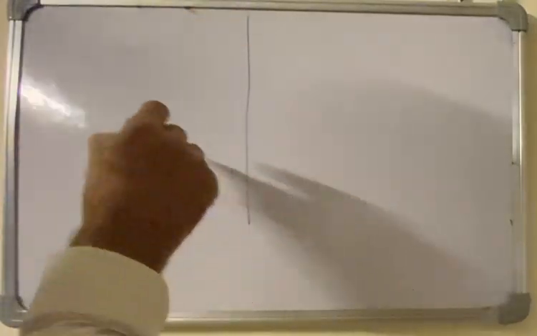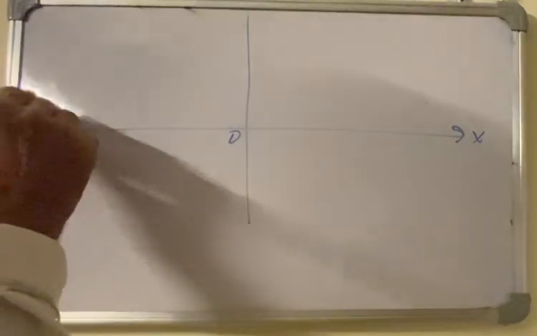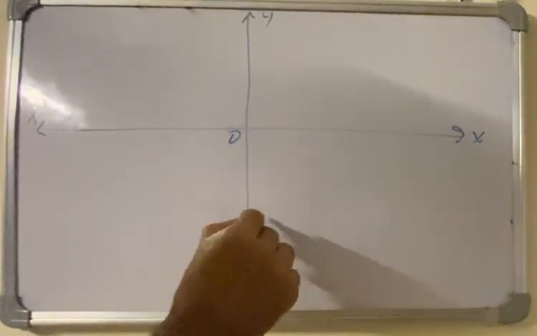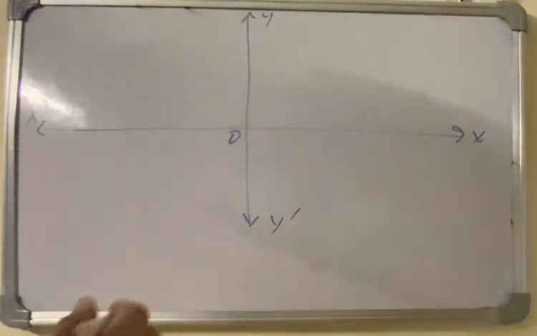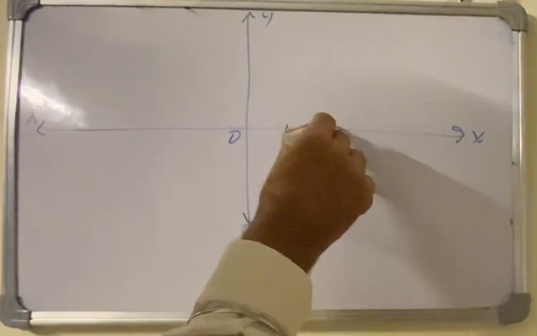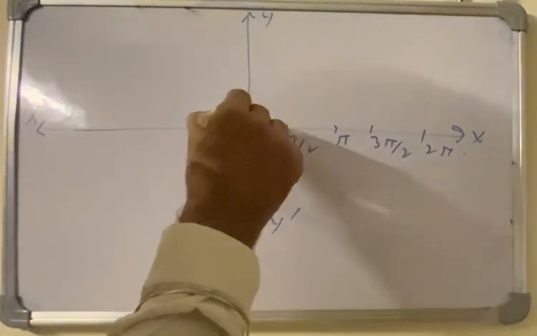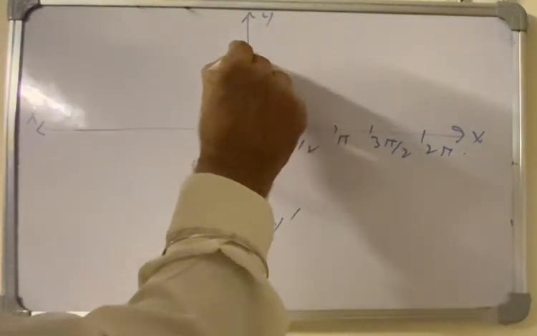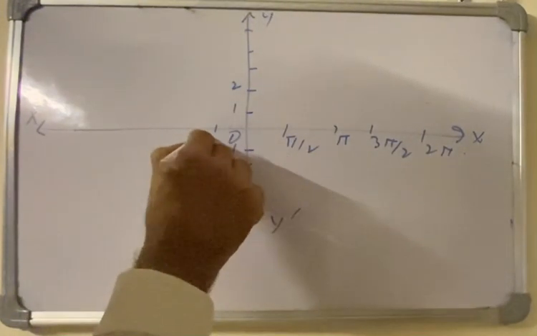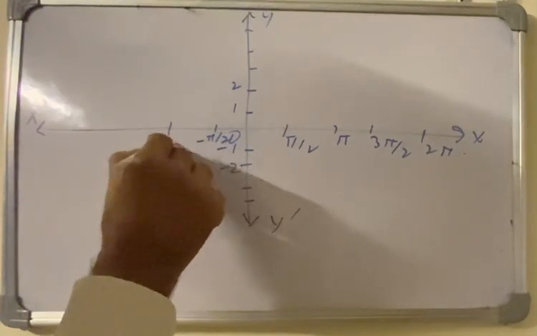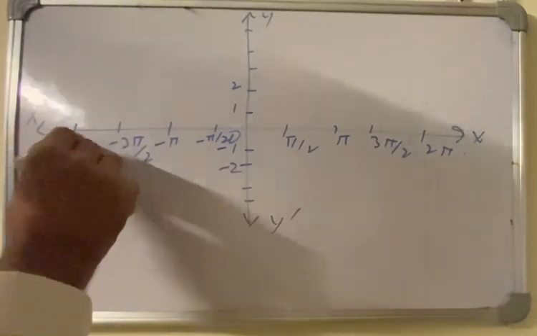in the same way. We have two mutually perpendicular lines, x O x dash and y O y dash, rectangular axes intersecting at origin O. Again there is pi by 2, pi, 3 pi by 2, 2 pi, 1, 2, minus 1, minus 2, and this is minus pi by 2, minus pi, minus 3 pi by 2, minus 2 pi.